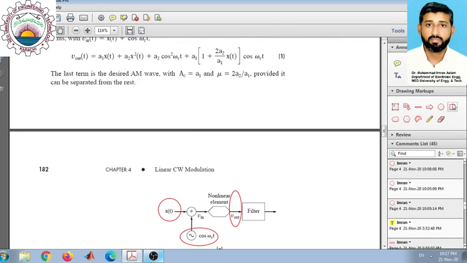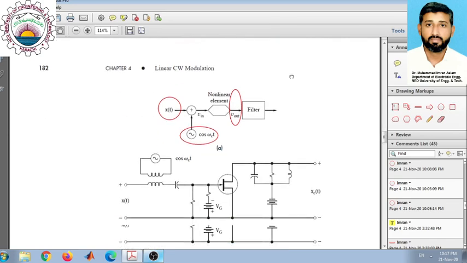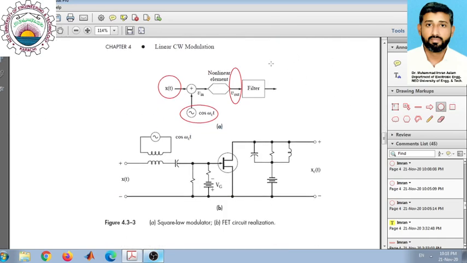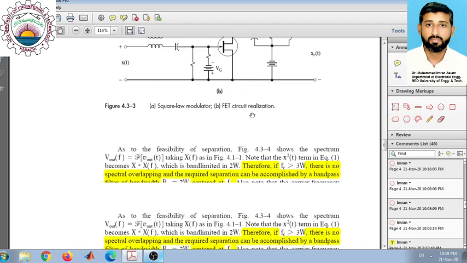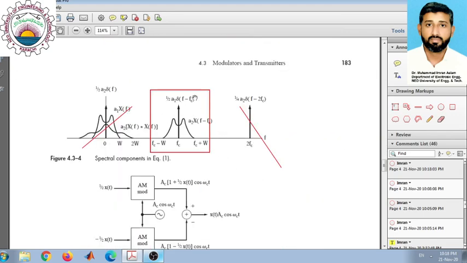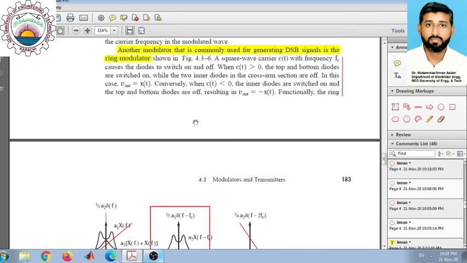So coming back to the block diagram, you can see this is the block diagram here. So the output signal needs to be passed through a filter, and this filter should be a band pass filter, as I showed through this spectral diagram. You can see this spectral diagram here.